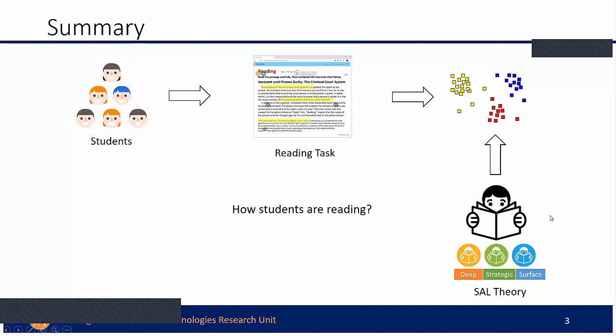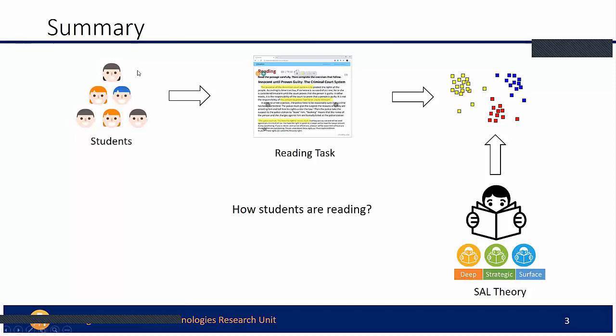Okay, so this is the summary of our research. In Kyoto University, we developed this system, BookRoll, which I will talk more about later. But this is a kind of eBook reader. So we are collecting data related to students' reading processes, and we are trying to understand how students are reading by analyzing this log data.